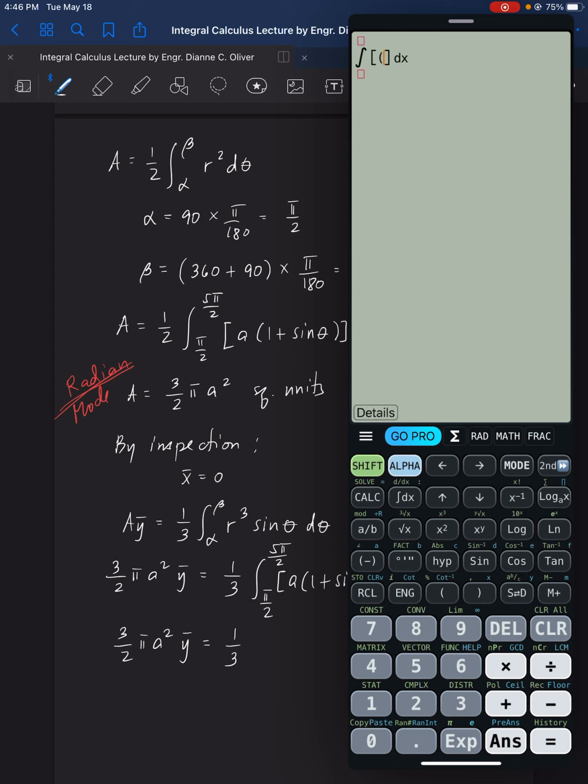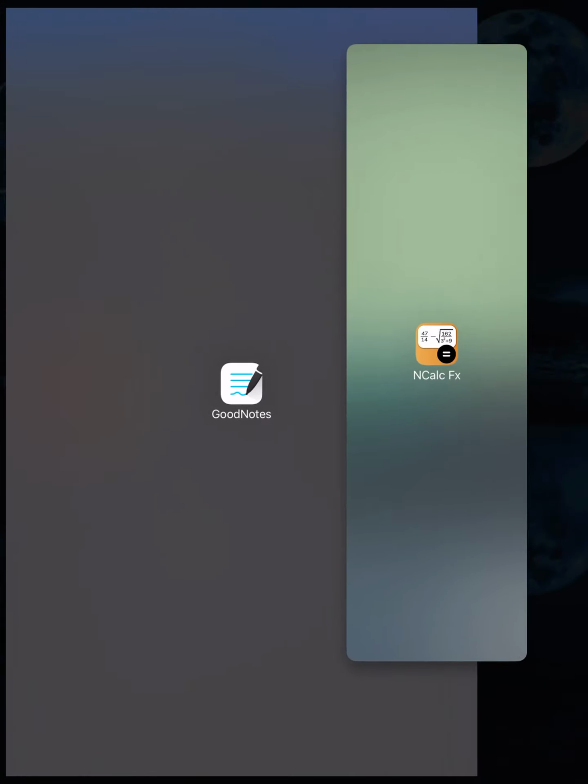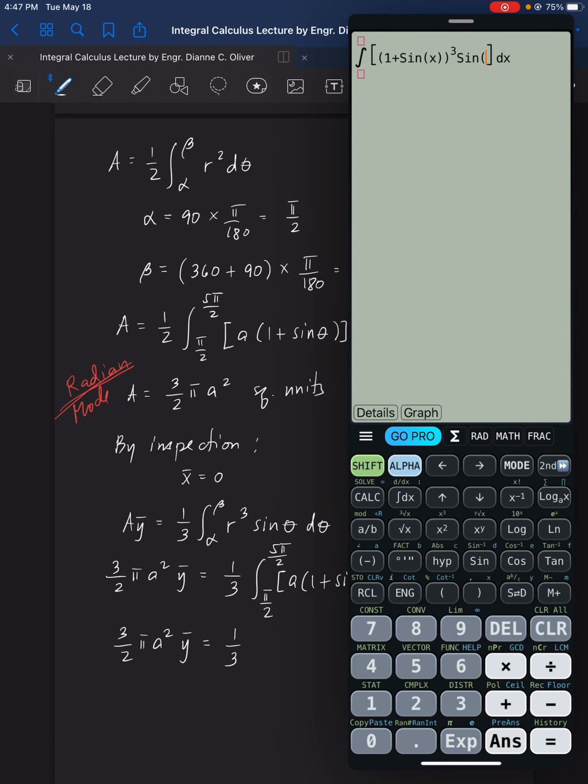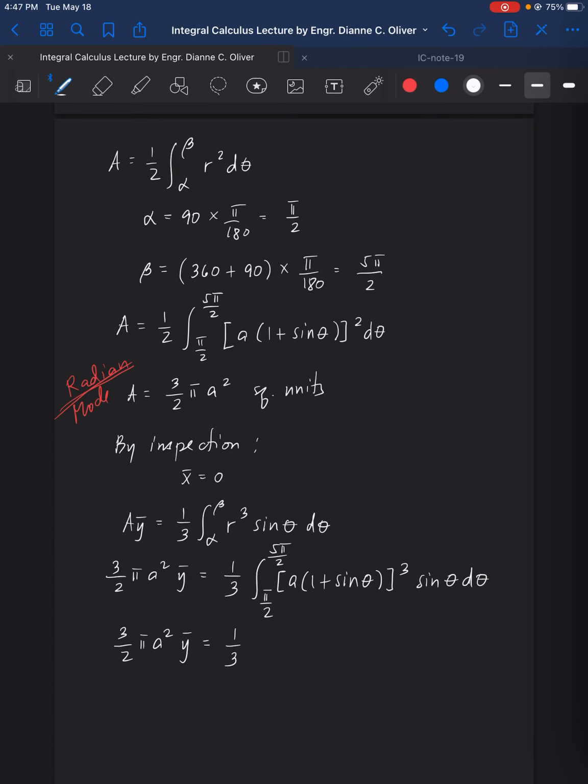So 3 halves pi a squared, y bar is equal to 1/3 of, let's start from the beginning, 1 plus sine alpha x raised to 3, then sine alpha x, since we're looking for y bar, lower limit of pi over 2, then upper limit of 5 pi over 2. That is 15 pi over 4, a raised to 3.